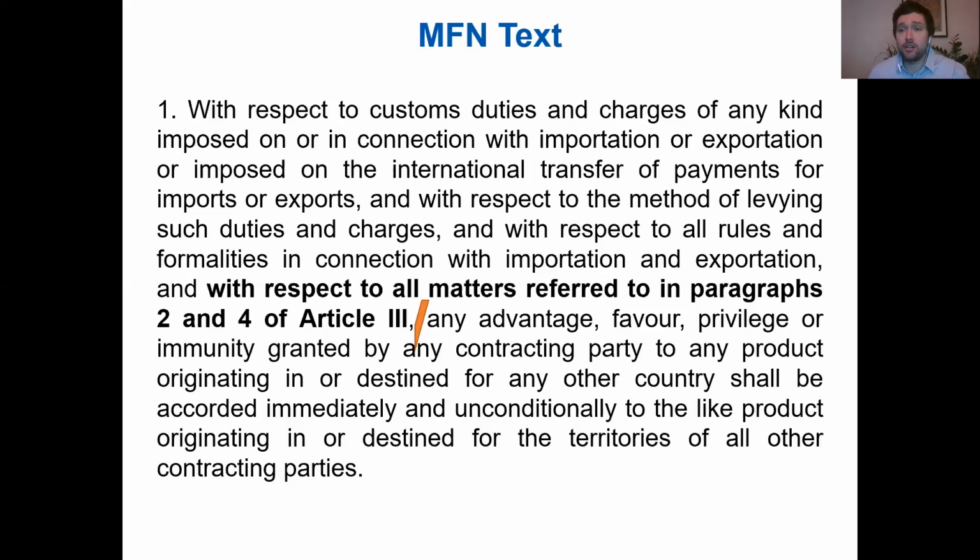So if we say that Gruyere cheese is subject to a much higher tax than all other like foreign hard cheeses, will it be a violation of Article 3? No, it will not be a violation of Article 3 if there is no discrimination as against the like domestic product. We could say that all domestic cheeses are taxed even 10 times higher than foreign cheeses. It can be the case. However, the violation will here be not of Article 3, but of Article 1 and of MFN, because MFN prohibits discrimination in the field of internal taxation based on origin of products, on foreign origin products.